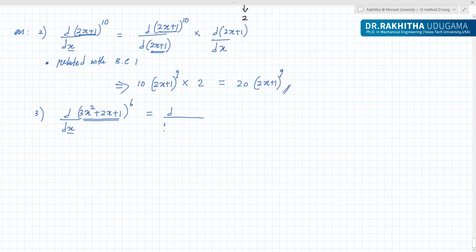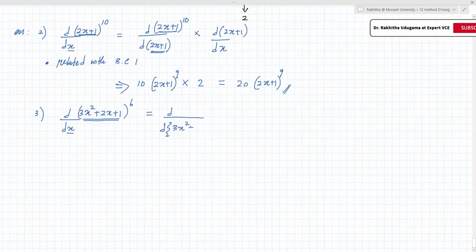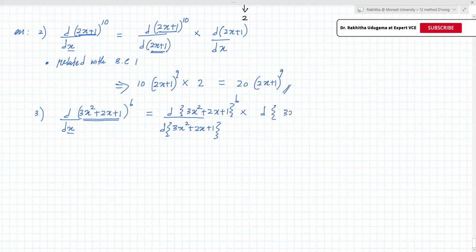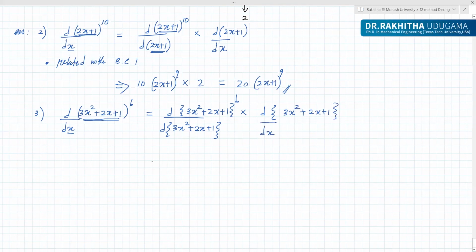Whatever you have, you construct it here: 3x squared plus 2x plus 1, to the power 6, and then you cancel it.